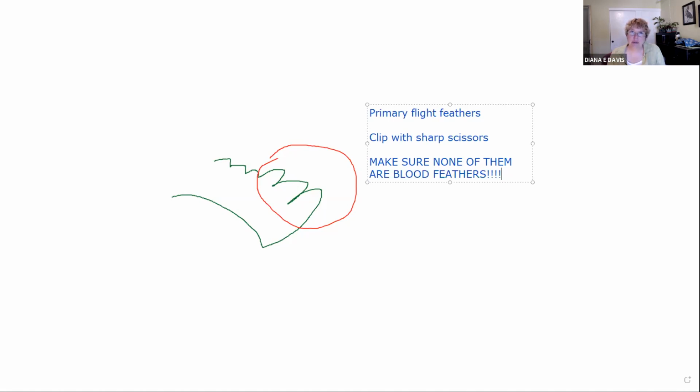You do need to remember, though, that birds that have clipped flight feathers have been known to manage to fly anyway. So it's not a guarantee that the bird will not be able to fly. So that's a very, very important thing to remember if you're going to clip the feathers on the bird's wings.